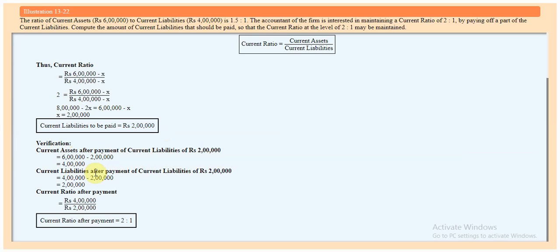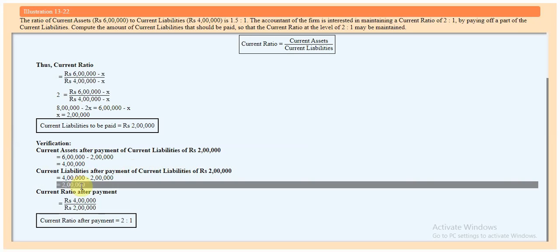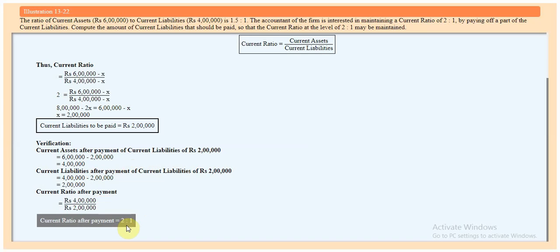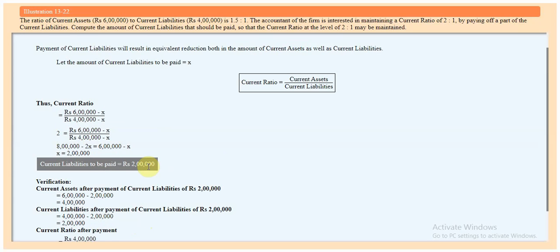What will be the position of current liabilities after payment? It will be 4 lakh minus 2 lakh, which will be 2 lakh. What will be the ratio? It is 4 lakh divided by 2 lakh, which is 2:1. So this ratio only the accountant wants to maintain. So for maintaining this ratio, he has to pay rupees 2 lakh of current liabilities.